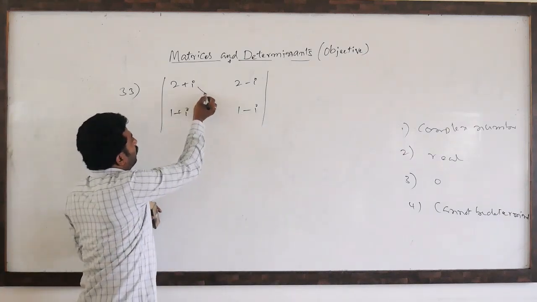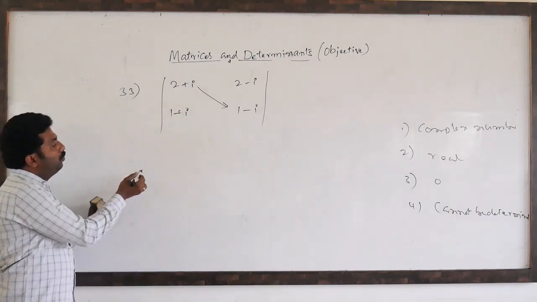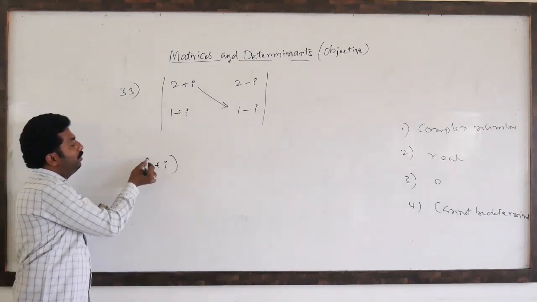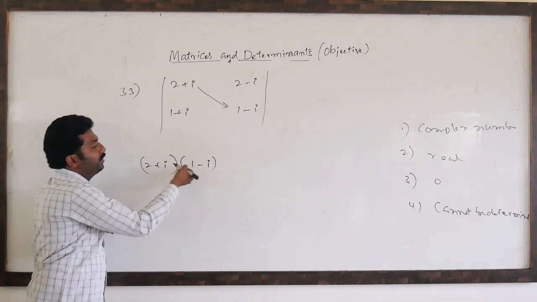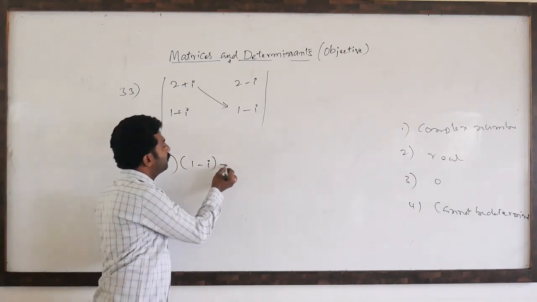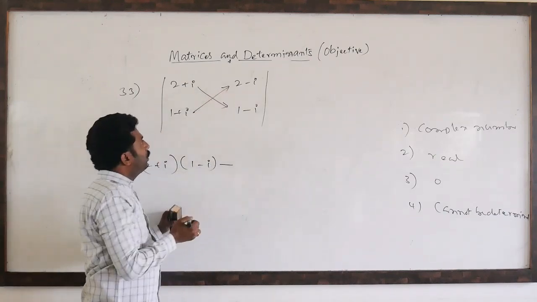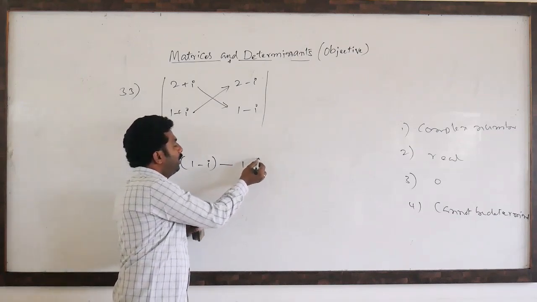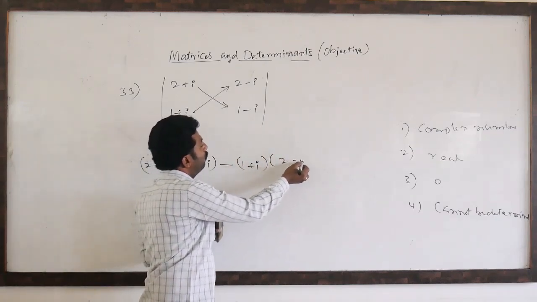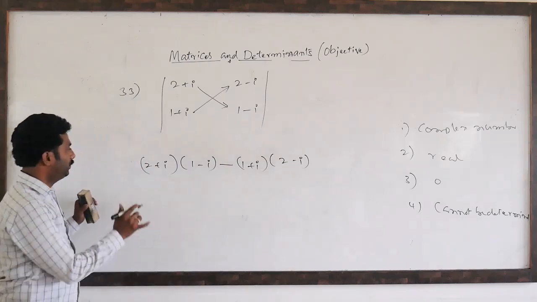So just multiplication. 2 plus i into 1 minus i, minus the product of these two elements, 1 plus i into 2 minus i.